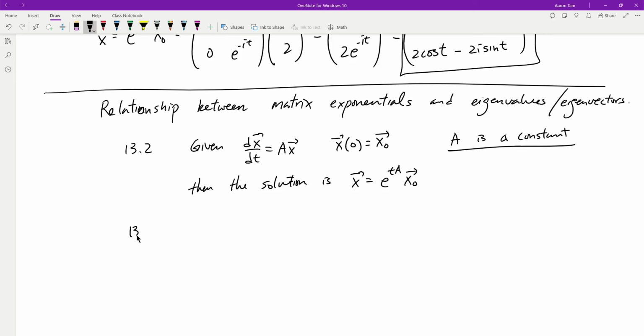However, we also learned in 13.1 that if we're given a system of differential equations in matrix form with the same initial condition, the solution is this.